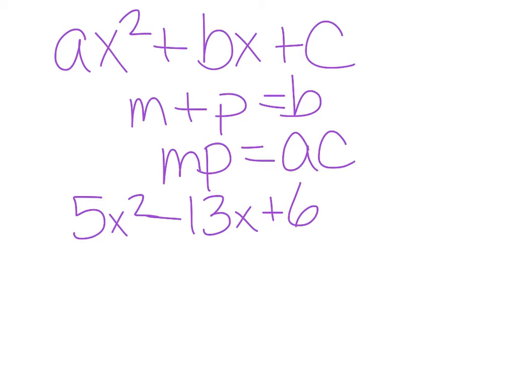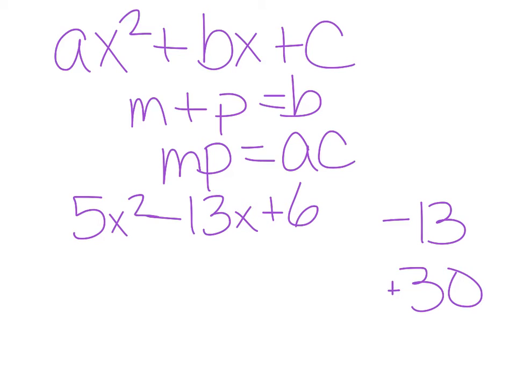So we are going to have two negative parts to this, but first we need to think. I have to get two numbers, m and p, that will add to negative 13 and multiplied together would give me a positive 30.